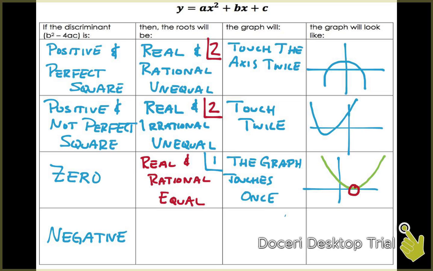The last thing, if what you get for the discriminant is a negative, it means you have a negative under the square root. So it is going to be imaginary. If you have an imaginary root, it doesn't intersect the x-axis at all.